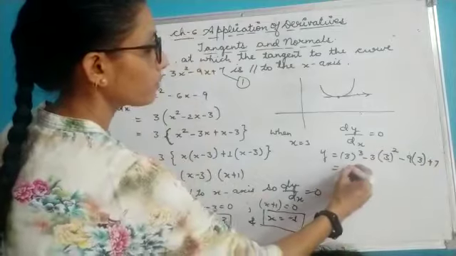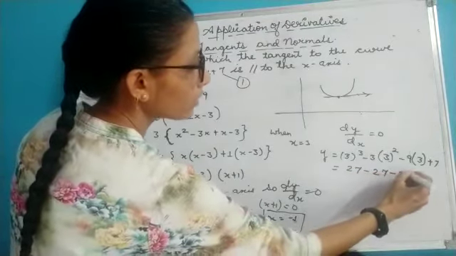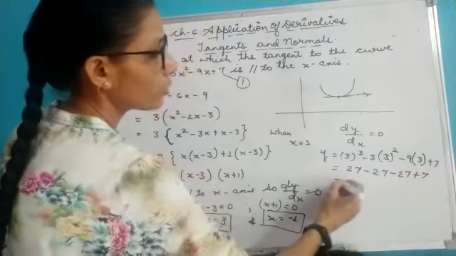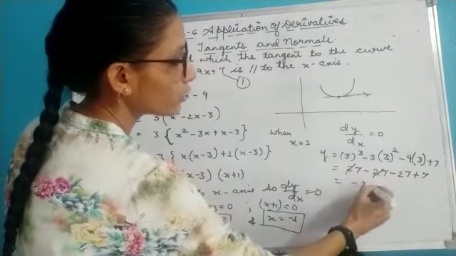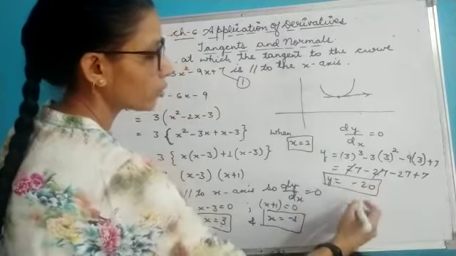So it will be 27 minus 27 minus 27 plus 7. So I am getting minus 20. So when x is 3, y is minus 20.